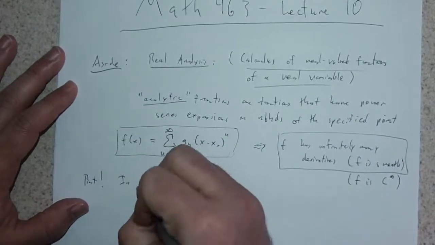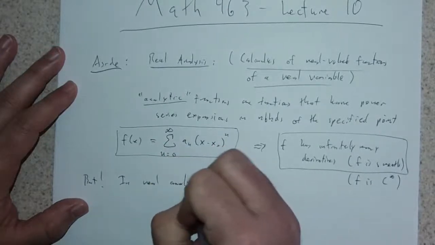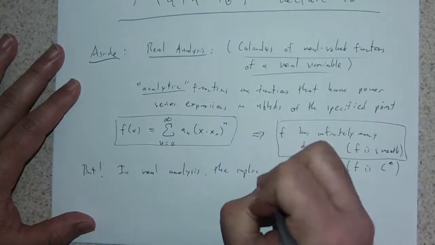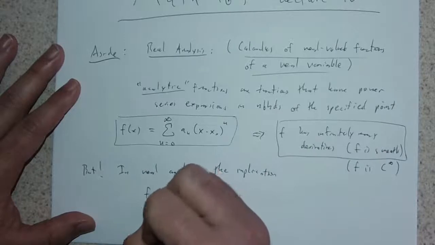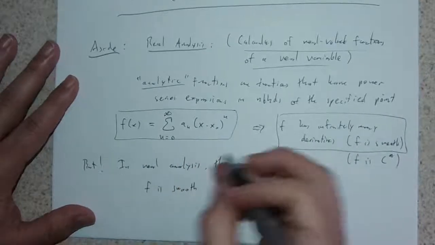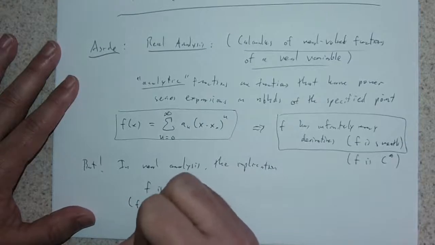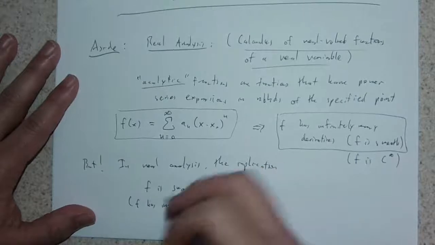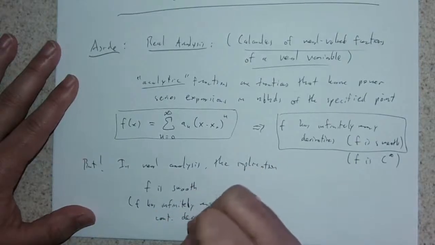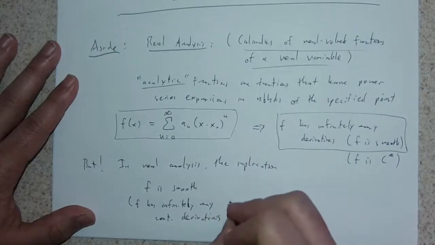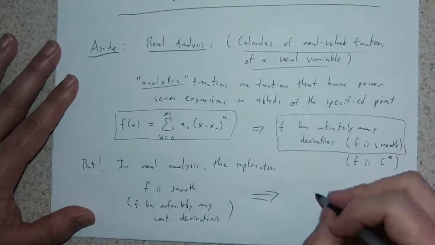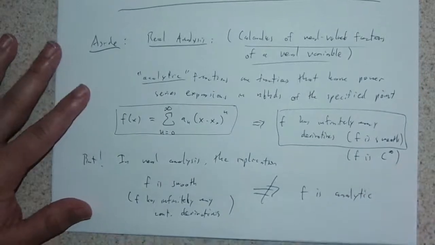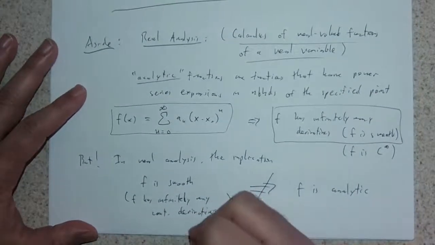So in real analysis, the implication that f is smooth, or f has infinitely many continuous derivatives on some domain, does not imply f is analytic. So this is false.